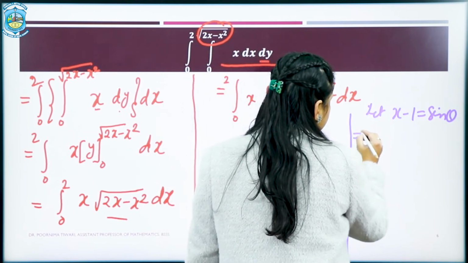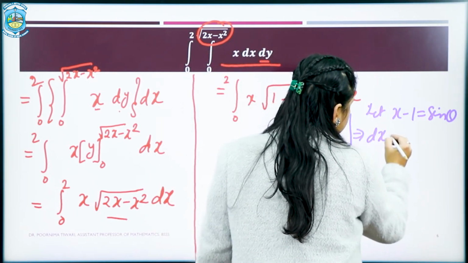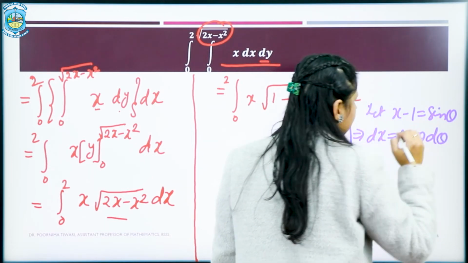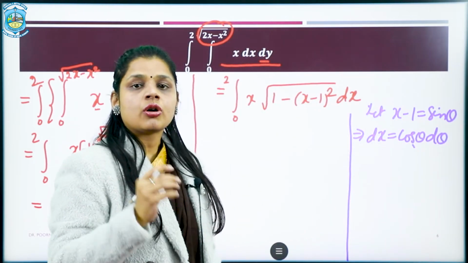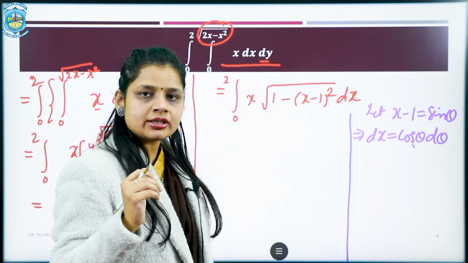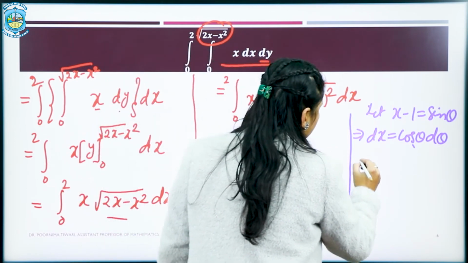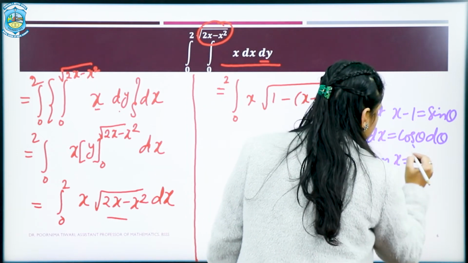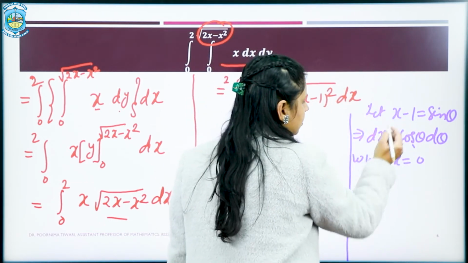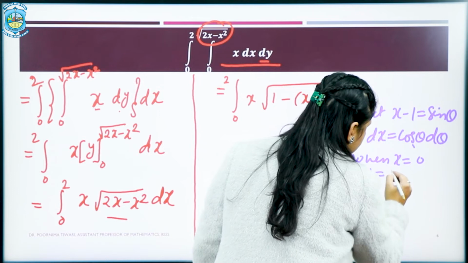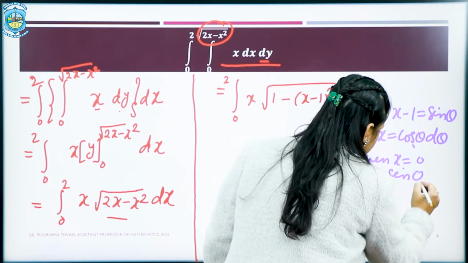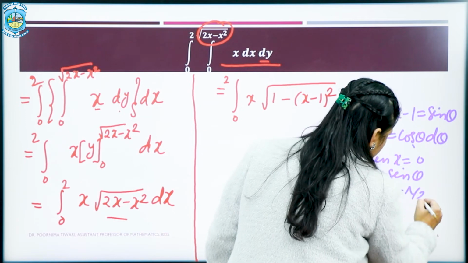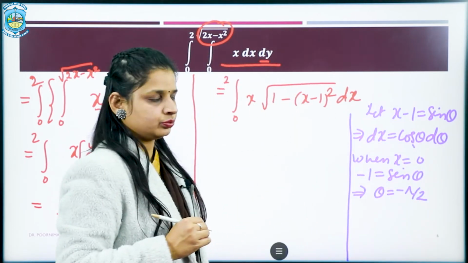It means dx is cos theta d theta. Also, we will change limits. When x equal to 0, we will substitute here, we will get minus 1 is equal to sin theta. It means theta is equal to minus pi by 2.